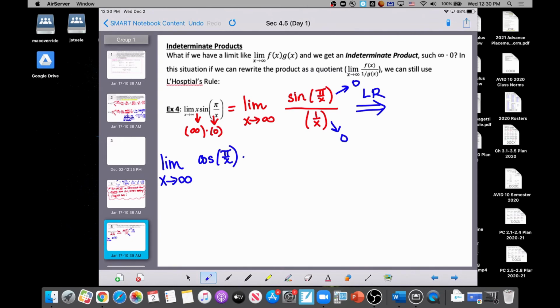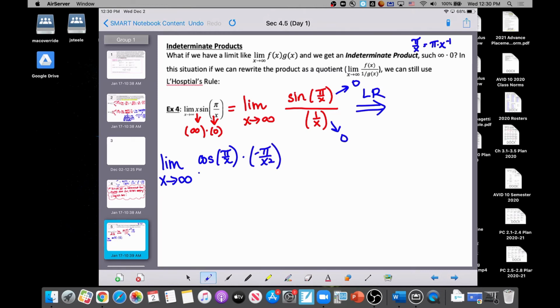But be careful, this is chain rule. I have to multiply by the derivative of pi over x. We have to think of pi over x as being pi times x to the negative 1 power. So if I differentiate that, I bring down the negative 1, it becomes negative pi x to the negative 2, or negative pi over x squared would be the derivative.